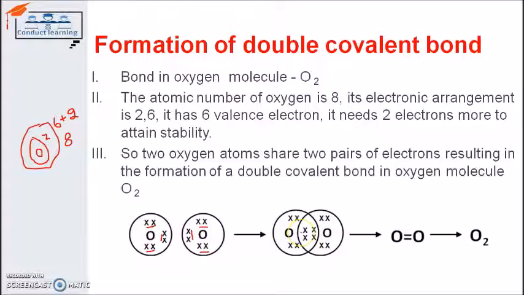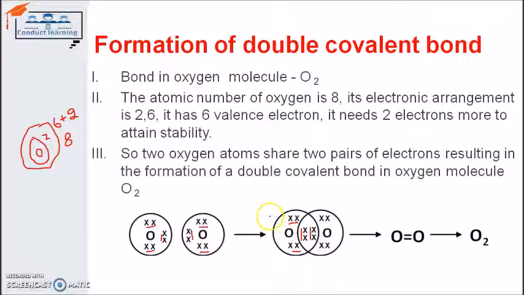When oxygen shares 2 electrons in its valence shell with the other oxygen atom, it becomes stable, and it makes the other atom stable too. Here you can calculate, after sharing oxygen has 2 electrons here, 2 here, that is 4, 2 here, 6, and 2 here, 8.